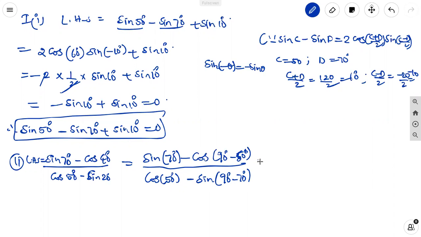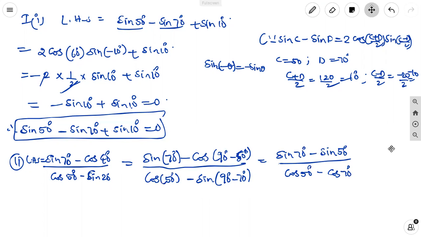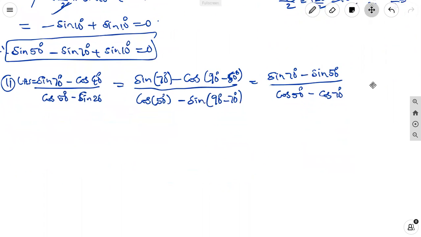It is equal to sin 70 degrees minus sin 50 degrees, since cos of 90 minus theta is sin theta, by cos 50 degrees minus cos 70 degrees, since sin of 90 minus theta is cos theta. Here we can apply the suitable formulas.